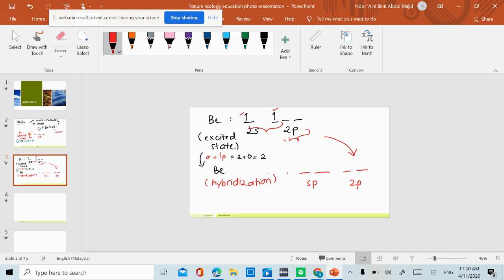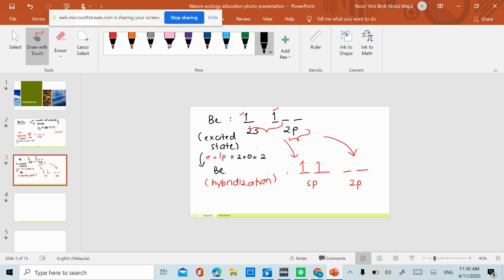These two become sp hybrid orbitals. Hybrid orbitals are degenerate orbitals, which means the orbitals must be drawn close to each other to show that they have equivalent energy.